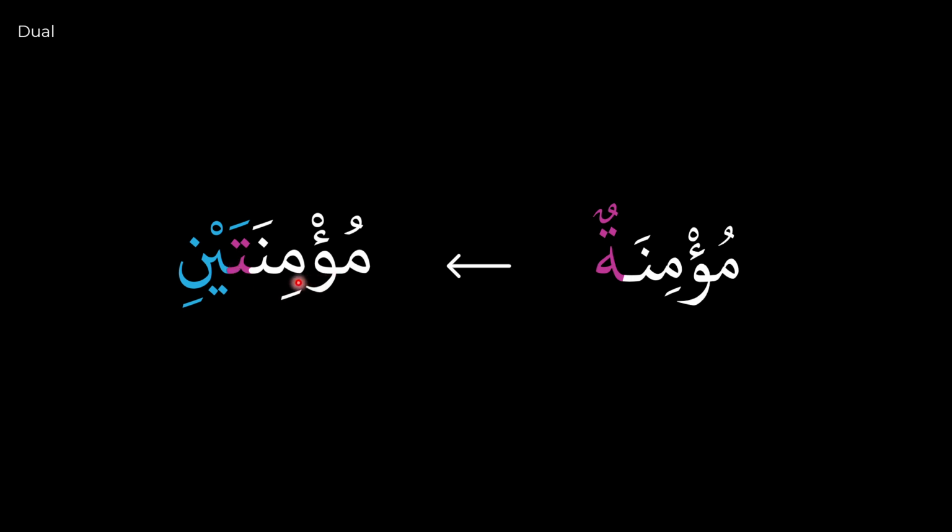So it becomes mu'minataini, which means two female believers. The rule to keep in mind here, which we want to keep stressing, is that when an ani or an aini ending is added to a word that has a ta marbuta on the end, the ta marbuta is converted into a regular ta, with the ani and aini ending coming after it.